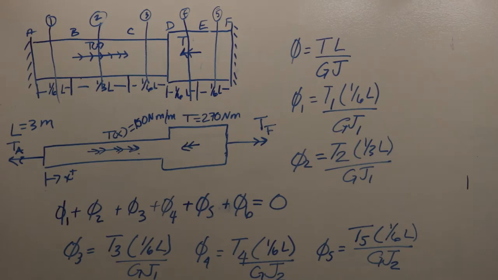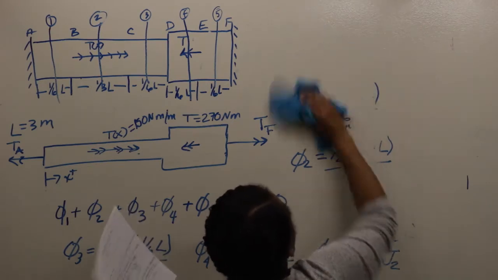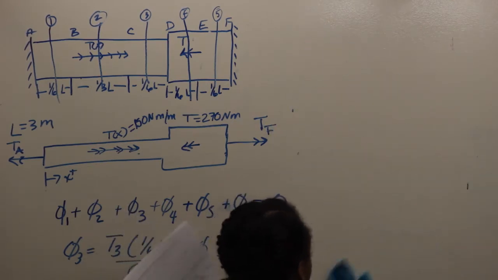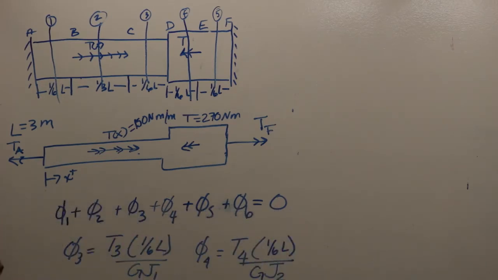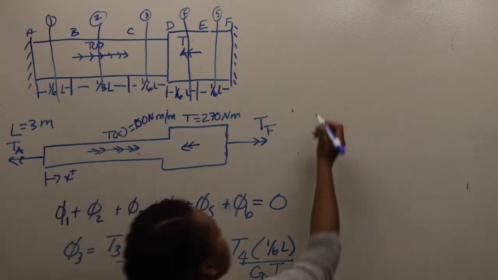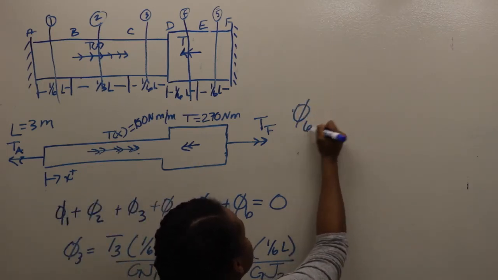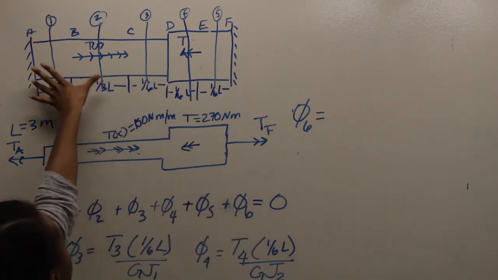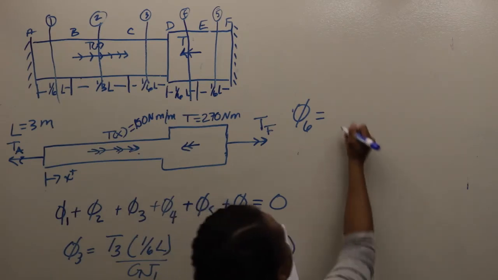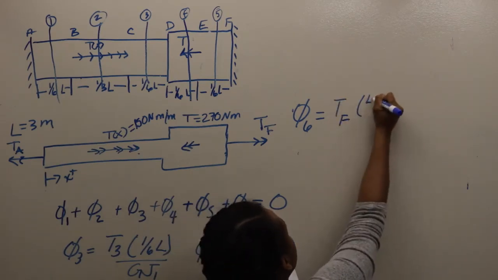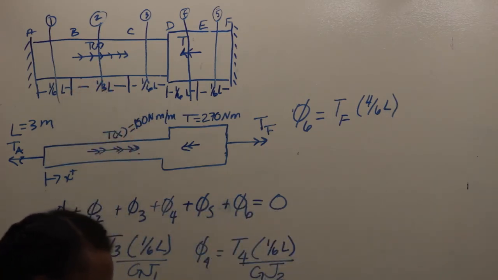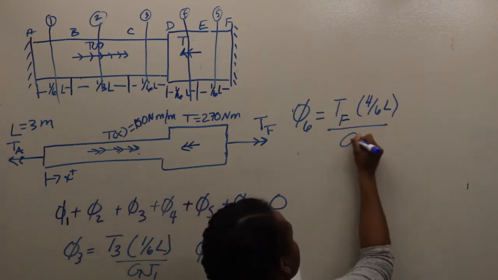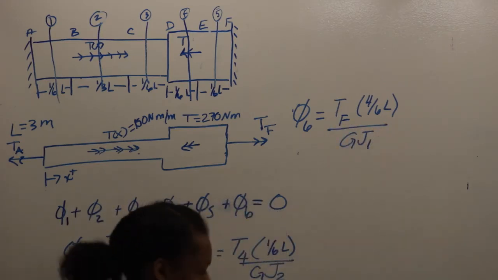I wanted to erase this in order to write down what 6 is. So for 6, like I said, you have to figure out what is the impact of the reactive torque at F on the whole bar. So 6 equals the impact of F from A to D. So TF, and that's 4/6 L. So that's 2 meters instead of 0.5, over GJ1.